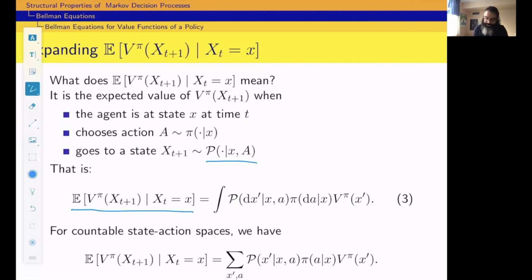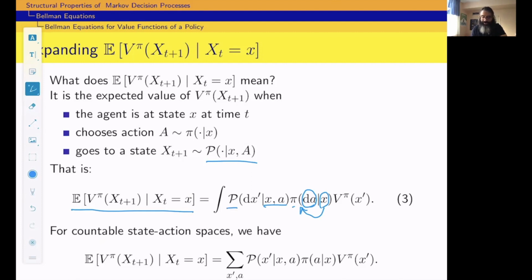If you want to write this mathematically, this expectation can be seen like this: we start from state x, and then according to policy, we choose an action. This choice of action and state together defines what next state we go to through the dynamics transition kernel.